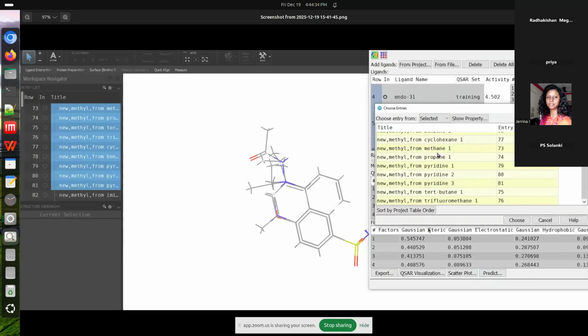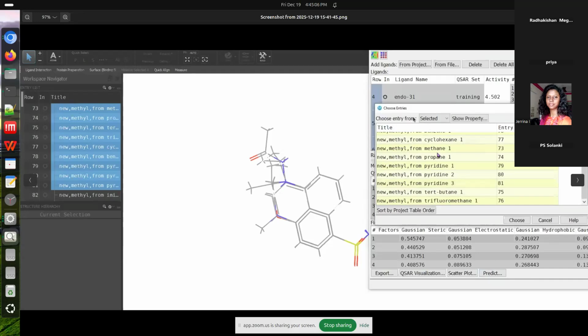So we have already evaluated using the training and the test set data, and now we are going to do it with the unknown molecules, which we are yet to prove are also effective in getting into the market. To do that, you can import all those molecules, just like what I've said previously. You can import the structures of your unknown molecules like this, and you have to select all those entries.